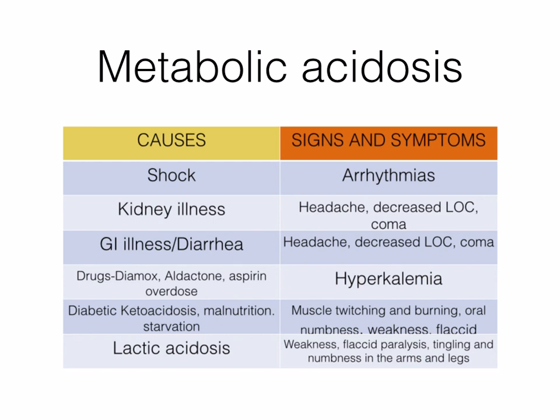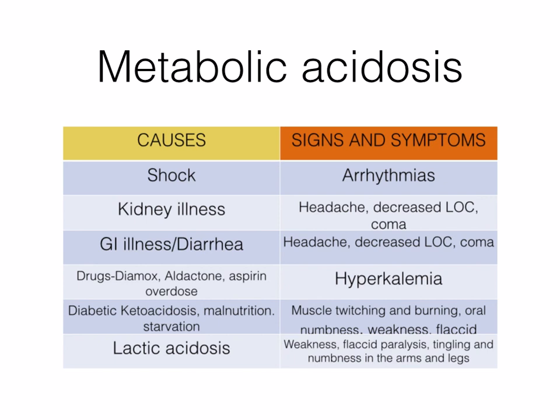Then you have hyperkalemia. I have explained it many times: when the body's acidotic state rises, it leads to hyperkalemia. Now, muscle twitching and burning, numbness, weakness, oral numbness, flaccid paralysis. These are all signs and symptoms of very high potassium.